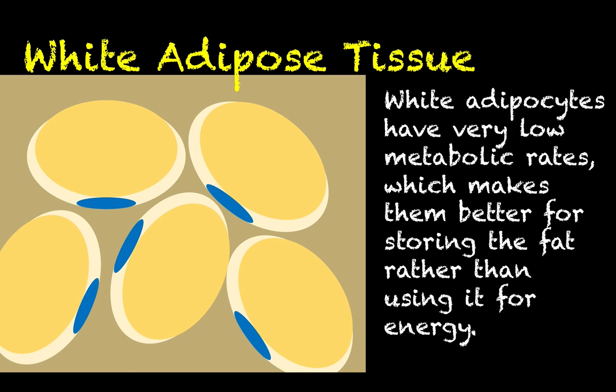So we've talked before about how much energy triglycerides store up and how you can potentially make a lot of ATP by putting those fatty acids through beta oxidation, which is a part of cellular respiration. But because these white adipocytes do not have very many mitochondria, they don't really have the capability to make a lot of ATP themselves. So what they really do is just store up the fat for long-term usage.